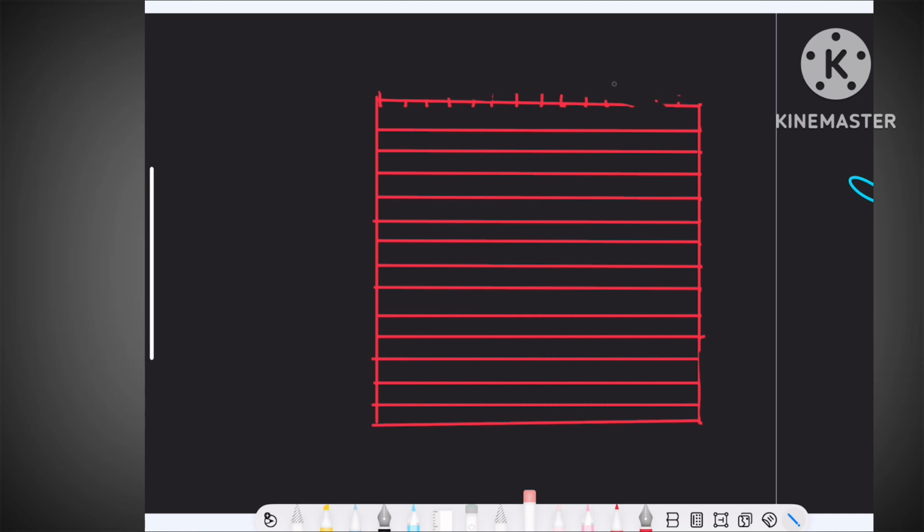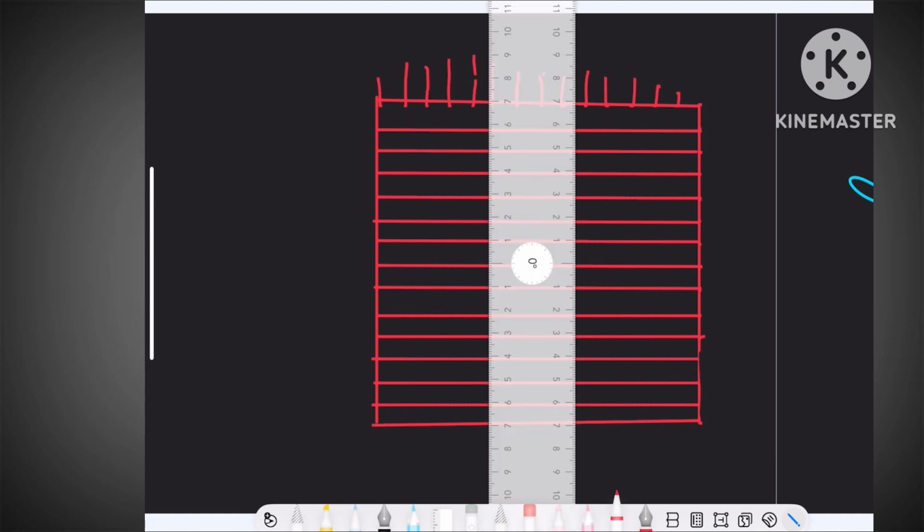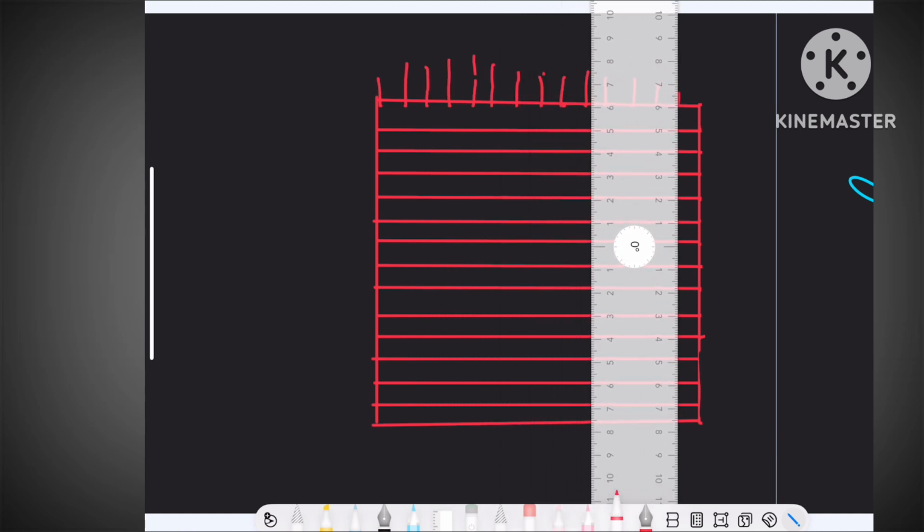Okay, this is so time-consuming for an appropriate grid. I have erased all of them. First of all, I have to draw the grids.